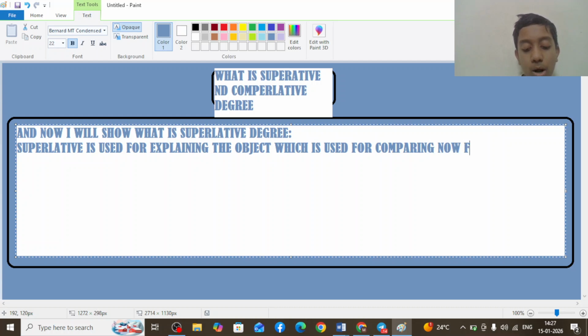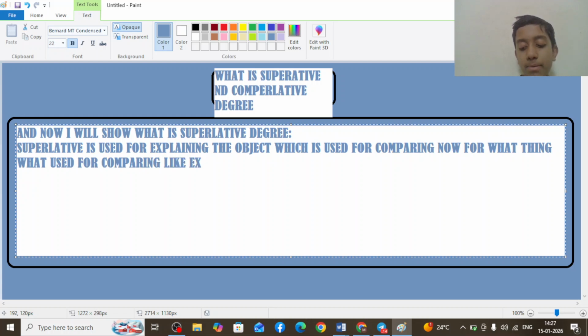Now for what things is it used for comparing? For example, in the previous science class, we talked about a key difference table.